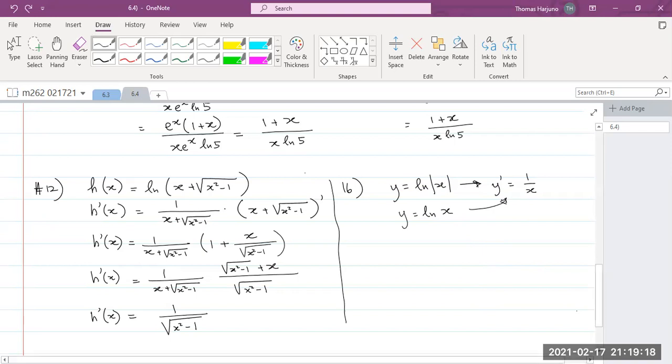Now, using that idea, when y equals ln of absolute value of 1 plus t minus t cubed, the derivative will be the same thing: 1 over 1 plus t minus t cubed times the derivative of this thing.